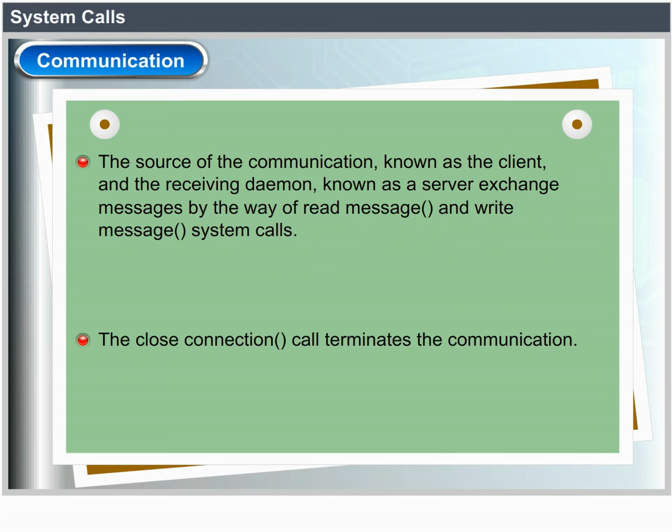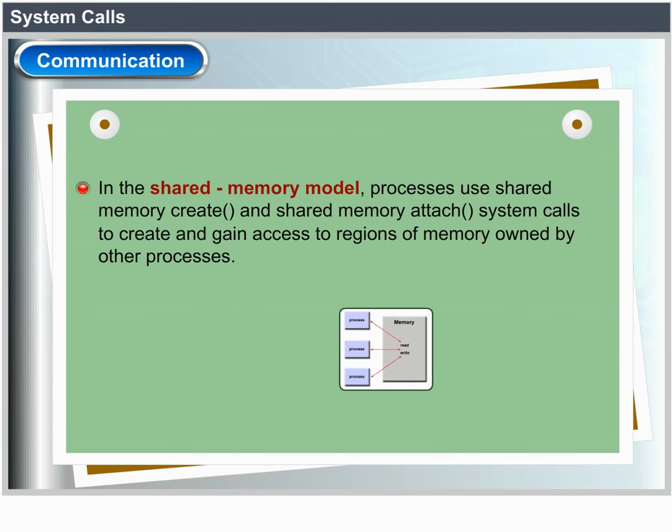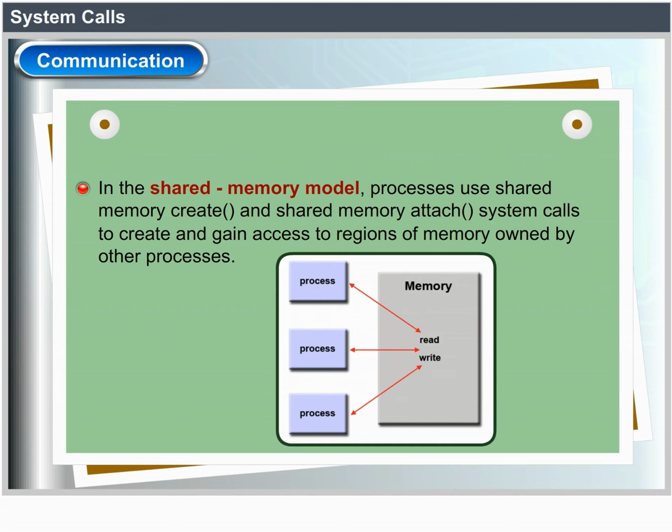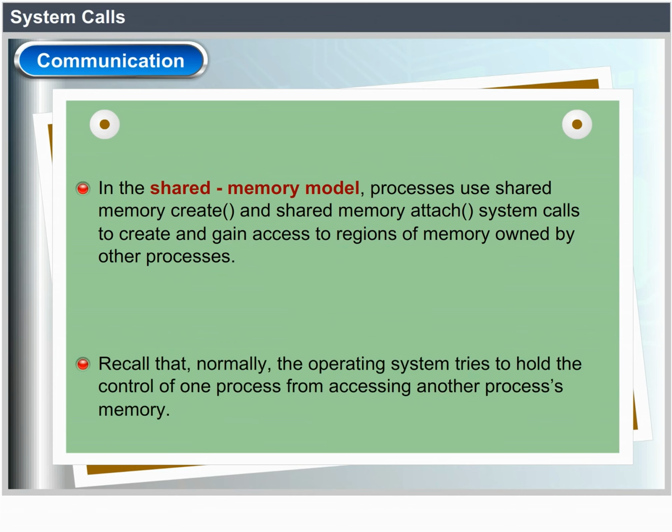In the shared memory model, processes use shared memory create function and shared memory attach function system calls to create and gain access to regions of memory owned by other processes. Recall that normally the operating system tries to prevent one process from accessing another process's memory.